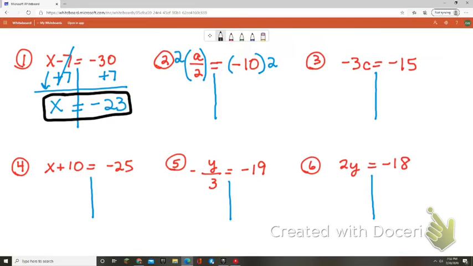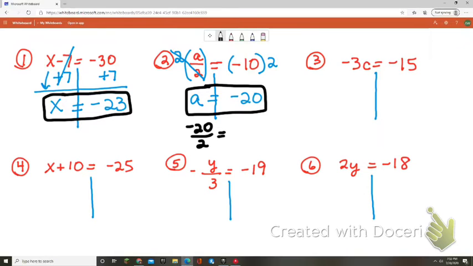So you have to get used to that. If I'm solving for a, then undoing divided by 2 would be multiplying by 2. So those 2's cancel, and you're left with a on the left side equals negative 10 times 2 is negative 20. And you can go back and check yourself. If you plugged in negative 20 for a and then divided it by 2, it would equal negative 10.